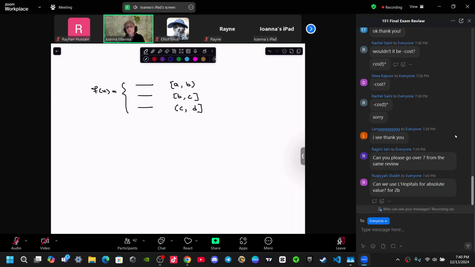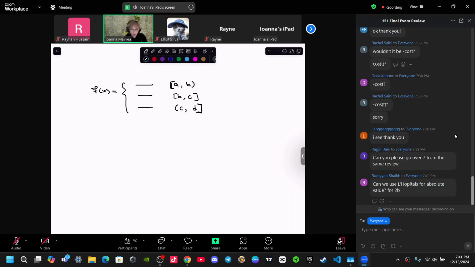Well, for the absolute extrema to exist, you must be able to apply the extreme value theorem. That is, you must have a function that's continuous on a closed interval. So sure enough, it's closed. It goes from A to D. It doesn't go on forever, right? It's a closed interval. So this function, and it has to be continuous, is guaranteed to have absolute maximum and absolute minimum.